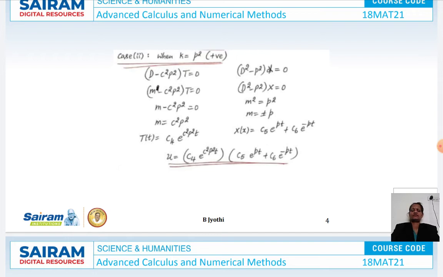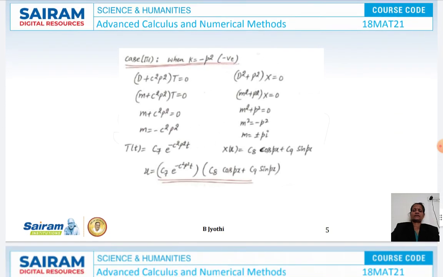So T(t) = c4 e^(c² p² t) and X(x) = c5 e^(px) + c6 e^(−px). So u = c4 e^(c² p² t) (c5 e^(px) + c6 e^(−px)).